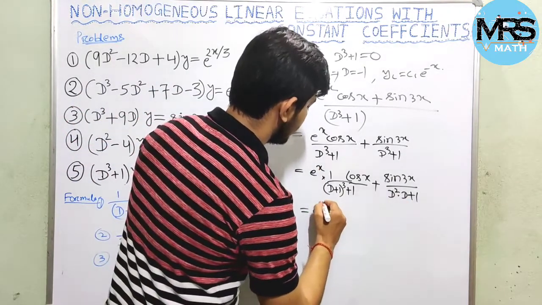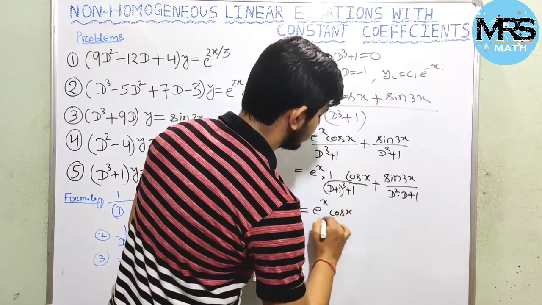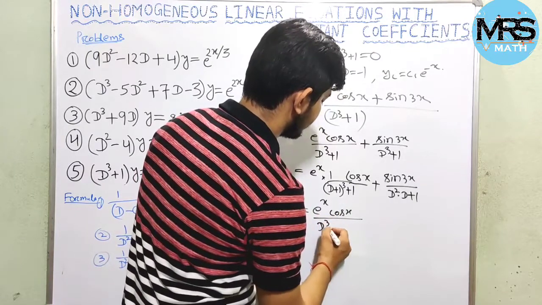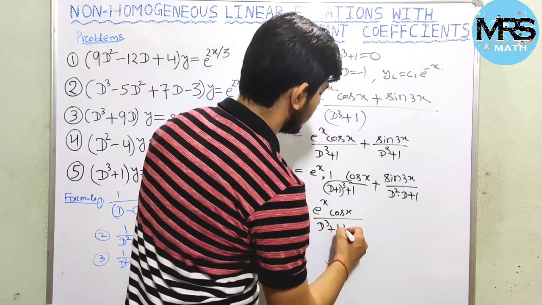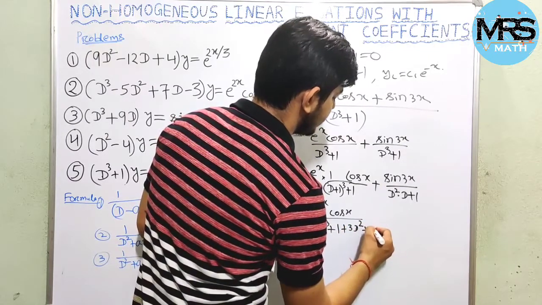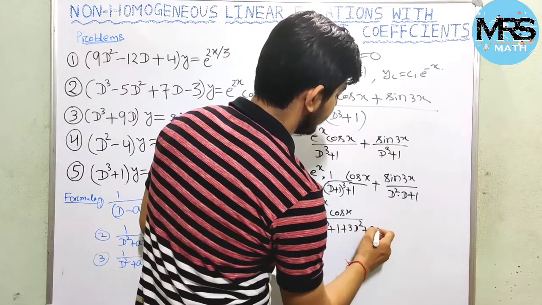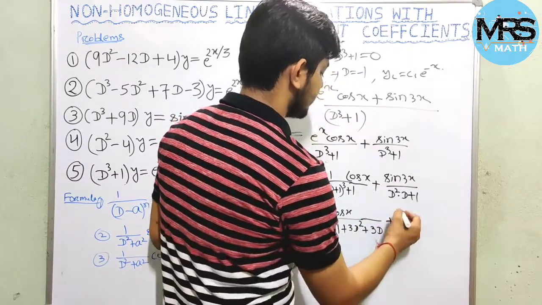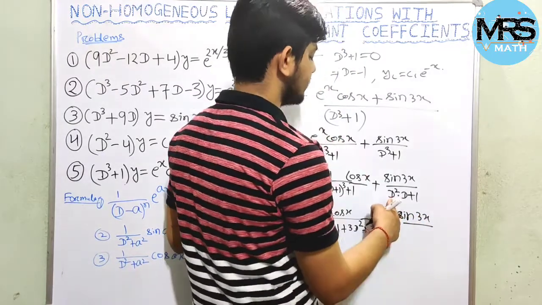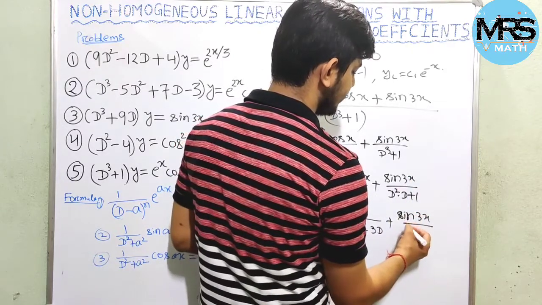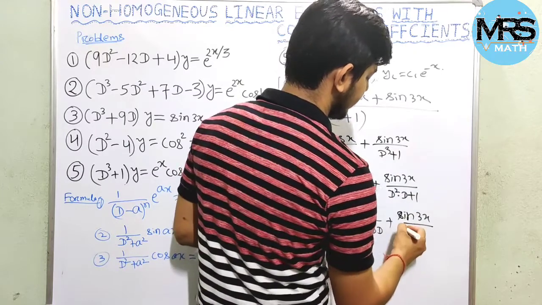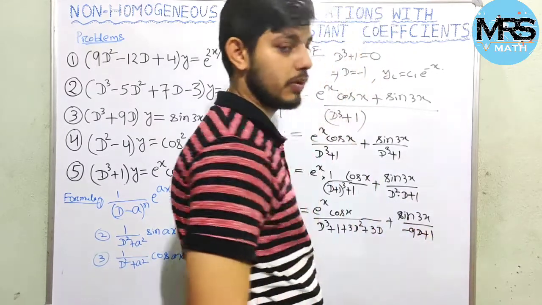Okay, so now e to the power x cos x divided by (D plus 1) whole cube, that is D cube plus 1 plus 3D square plus 3D, plus here sin 3x divided by, this is minus 3 square, so this is minus D, minus 3 square, so minus 9D, minus 9D plus 1, correct.